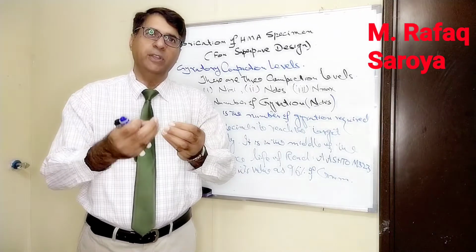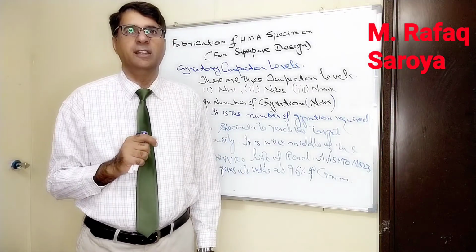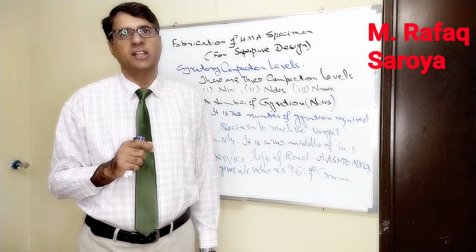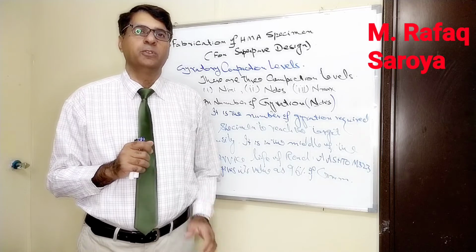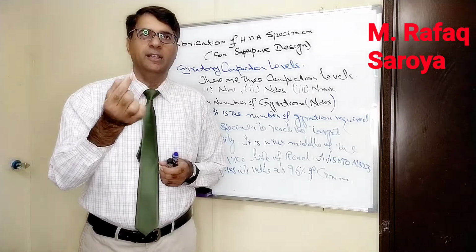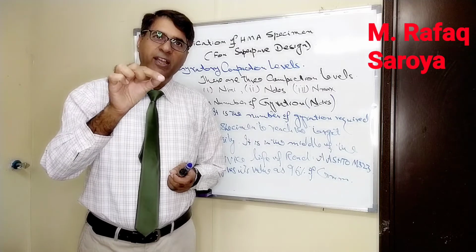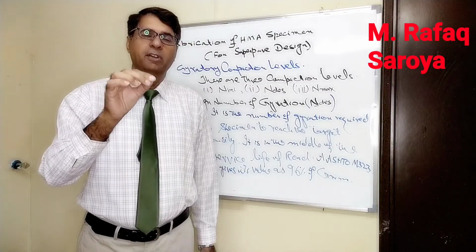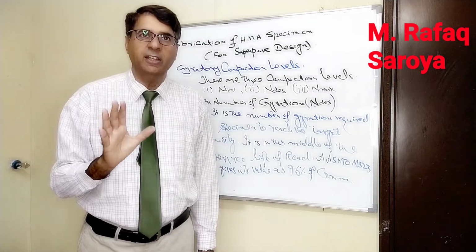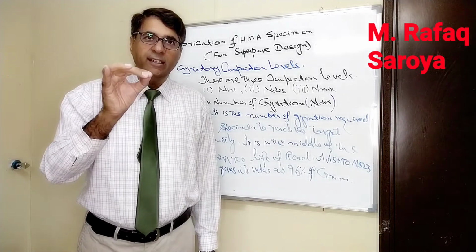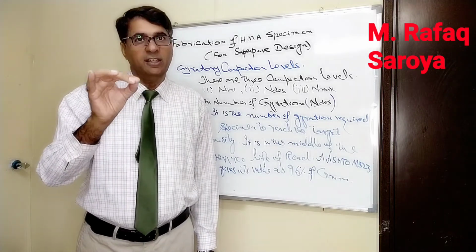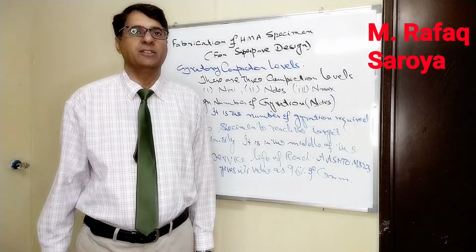But we are going to reach near this density when our construction work has been completed. So this compaction shows that when our construction work has been completed, this design compaction has reached the required level of compaction.